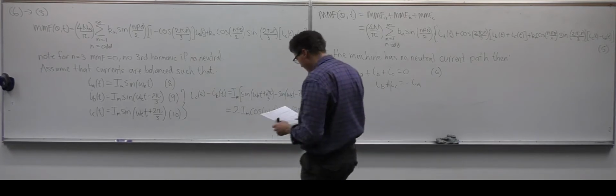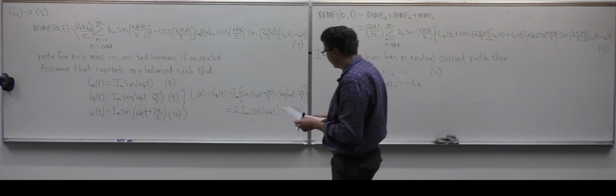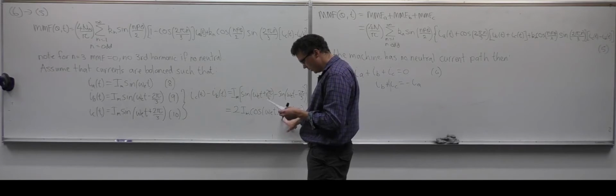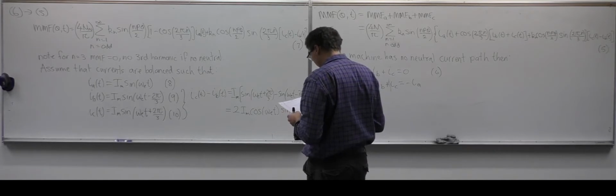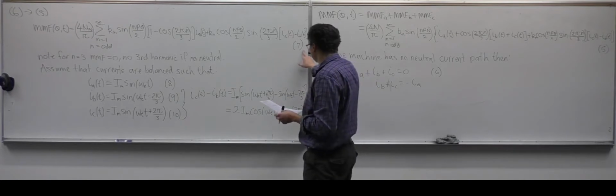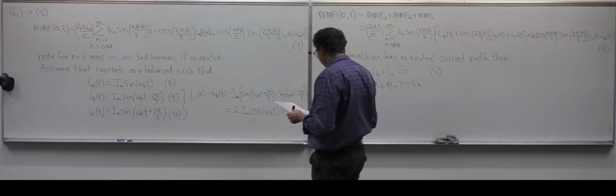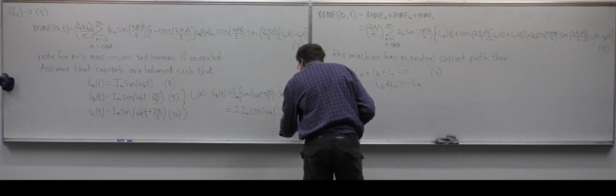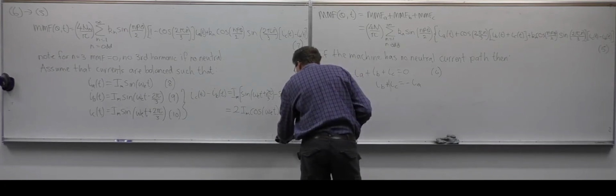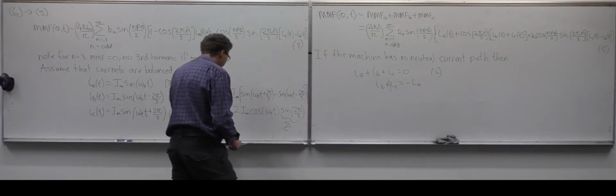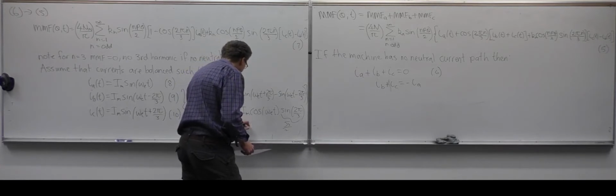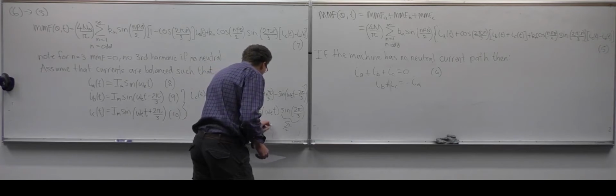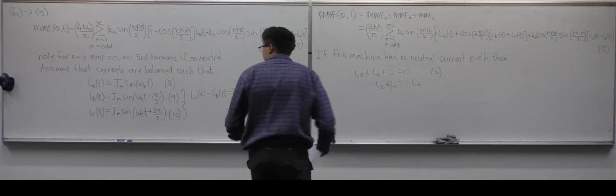You can check that. With this identity, we can substitute that back into 7. Now sine 2 pi over 3 is equal to square root 3 over 2. So this simplifies down to Im square root of 3 cosine omega et, which is quite nice.